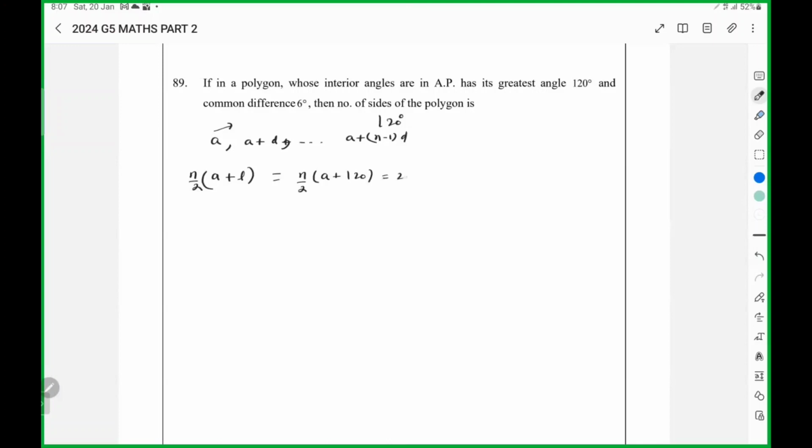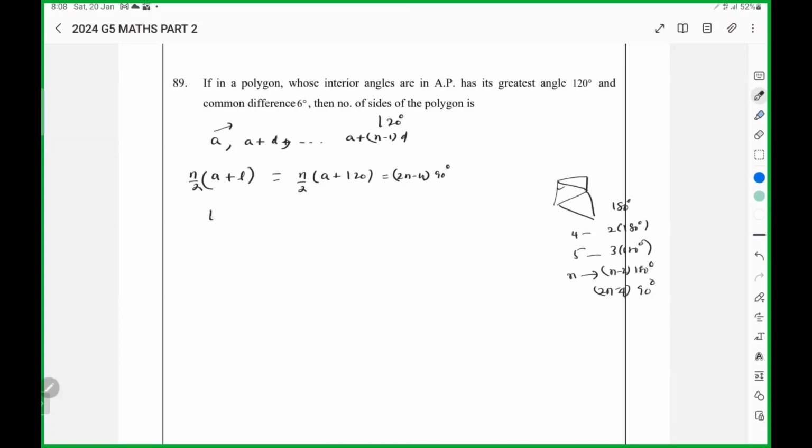The sum is equal to 2n minus 4 right angles. If you take a triangle, sum of angles; a quadrilateral, 4 sides, 2 triangles; a pentagon, 5 sides, 3 triangles. For a polygon of n sides, it is n minus 2 times 180, or 2n minus 4 times right angles.